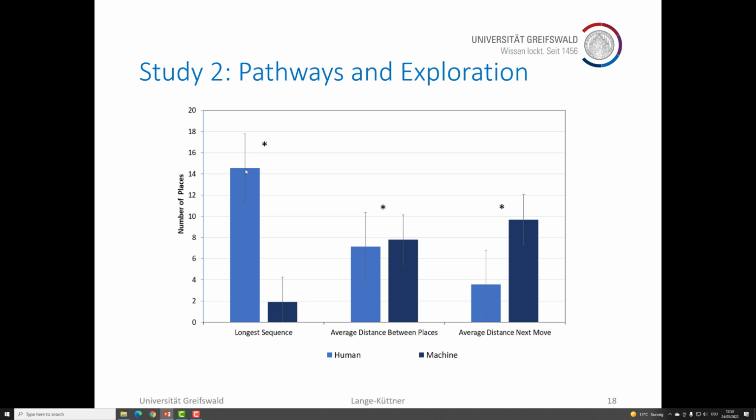The human players built sequences of more than 14 places, while the machine again only has incidental pairs. But if we look at spatial exploration on the right, we see that the average distance of the next move is much longer and more far-reaching in the machine than in the human players.